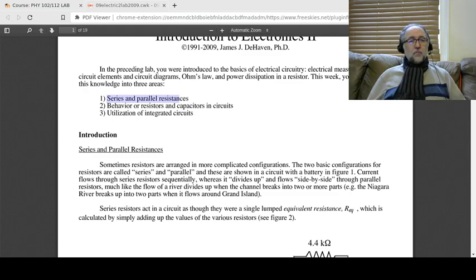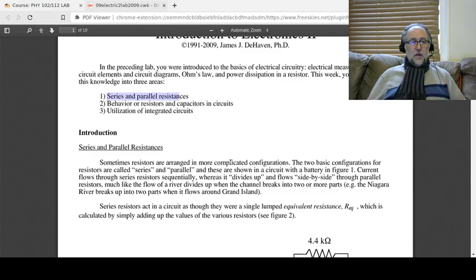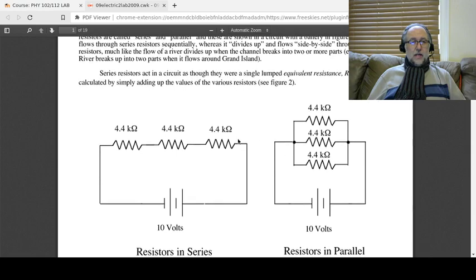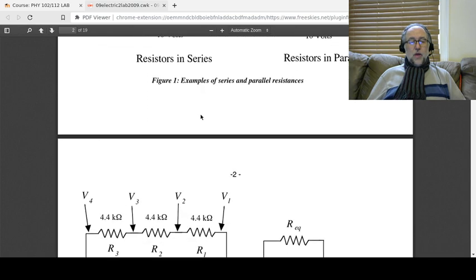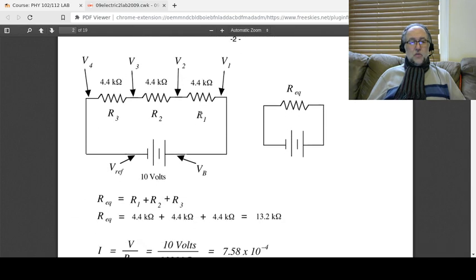Let's start going through the theory here. There's a theory that Dr. DeHaven gives, and you can see there three resistors in series. We know how to calculate the effective resistance of resistors in series. You simply add up all the resistors, and you can see down here it says R eq, which is equivalent.